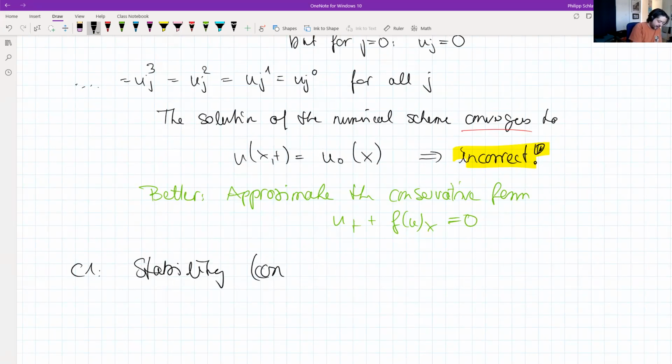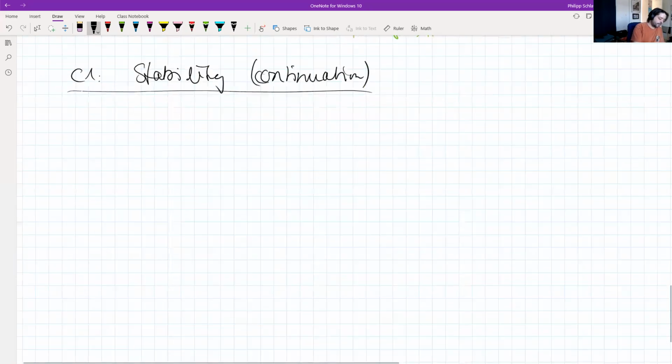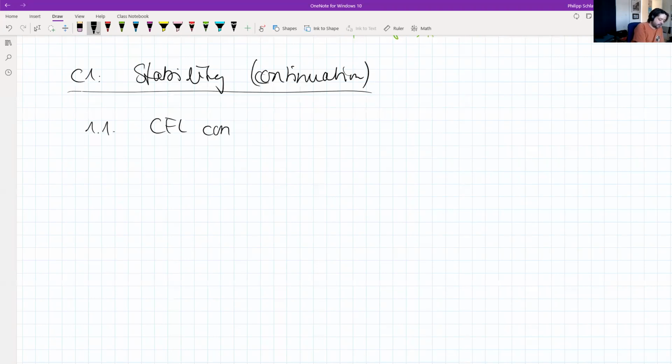I write here that this is a continuation, because the formal results that I will show you here we have already obtained, but I would like to show you now a more intuitive way of perhaps assessing the stability for a convectively dominated problem. And this is now chapter 1.1, and it's called the CFL condition.